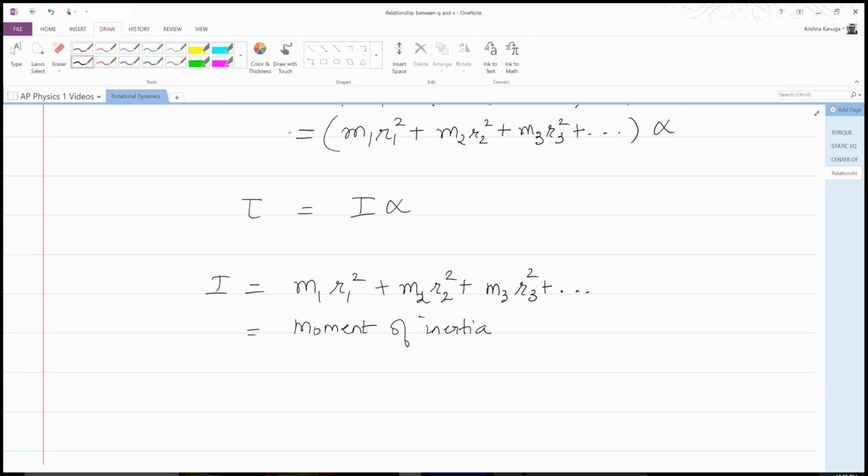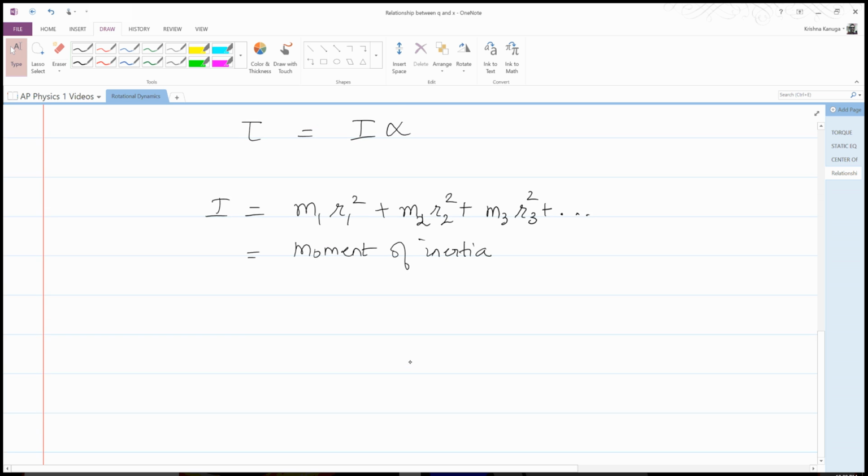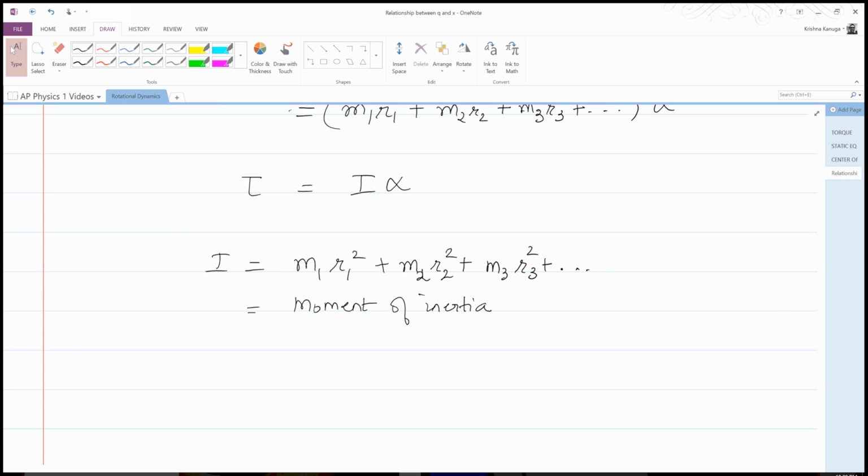So this gives us the definition and also shows us how to calculate the moment of inertia for the object. We'll look at some simple examples and figure out how to do this in some cases in the upcoming videos. So the most important thing here is to recognize this very simple fact that tau, the torque, is equal to I times alpha.